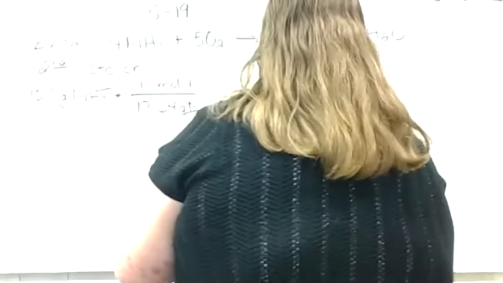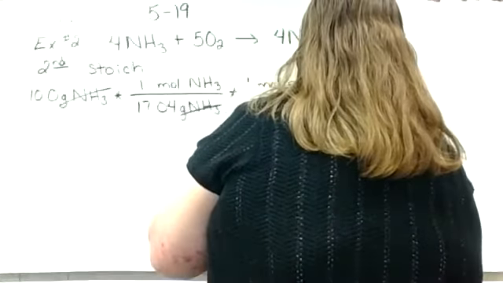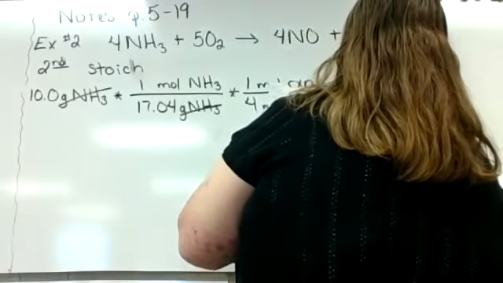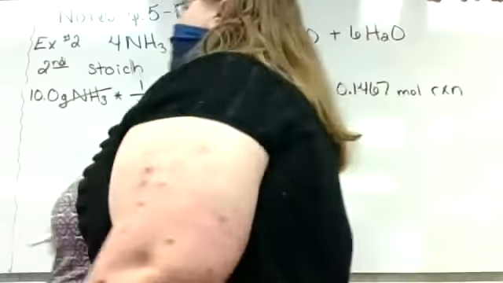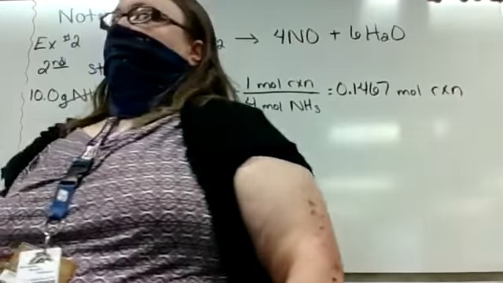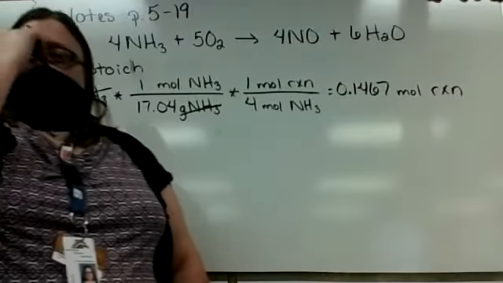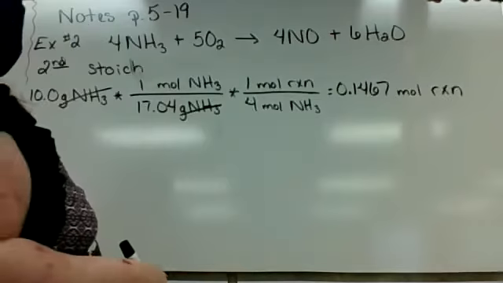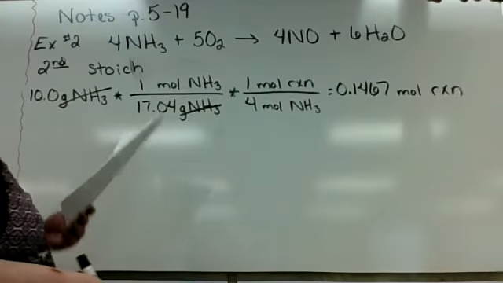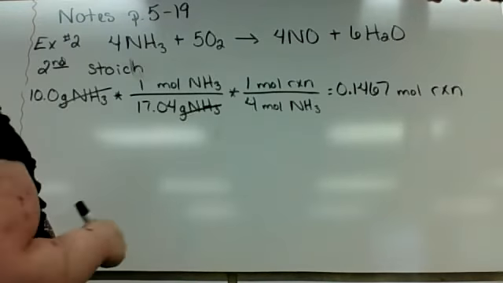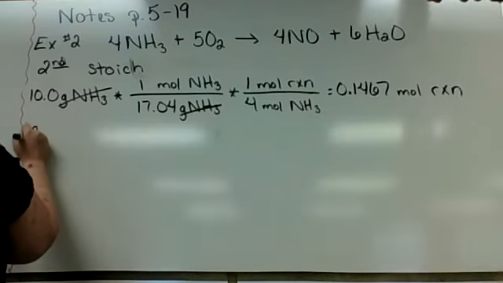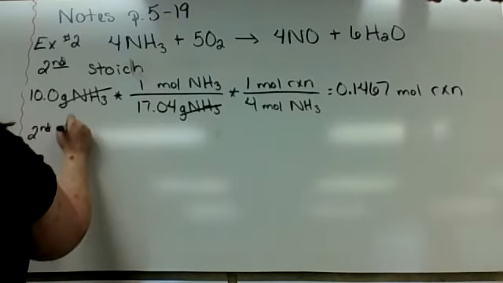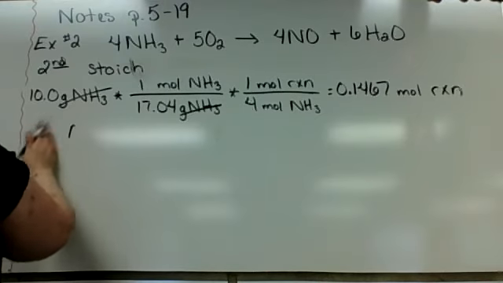And that's going to be 0.1467 moles of reaction. That's how many moles of the reaction actually take place. So now you're going to do some stoichiometry with your delta H.